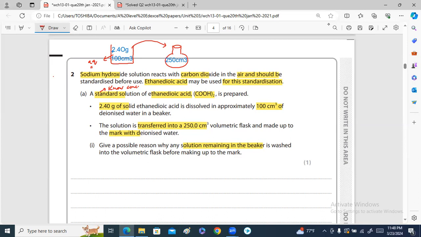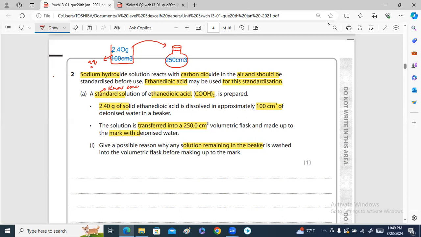The total volume of the volumetric flask is 250 centimeter cube, and there must be a marked line. So if we shift the 100 centimeter cube of the solution of ethane dioic acid, which contains 2.40 gram, into the volumetric flask, then make up to the mark with deionized water.